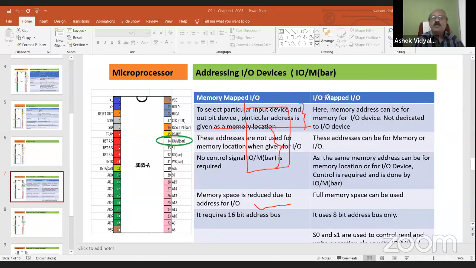But while with IO mapped IO, the whole memory can be used as a memory for memory location to store the data, and whenever it is required to store IO, the same will be used for the address for the IO. So it gives the full memory utilization. It gives the reduced memory utilization. This memory mapped IO requires 16-bit address. It can be used with the 8-bit address.